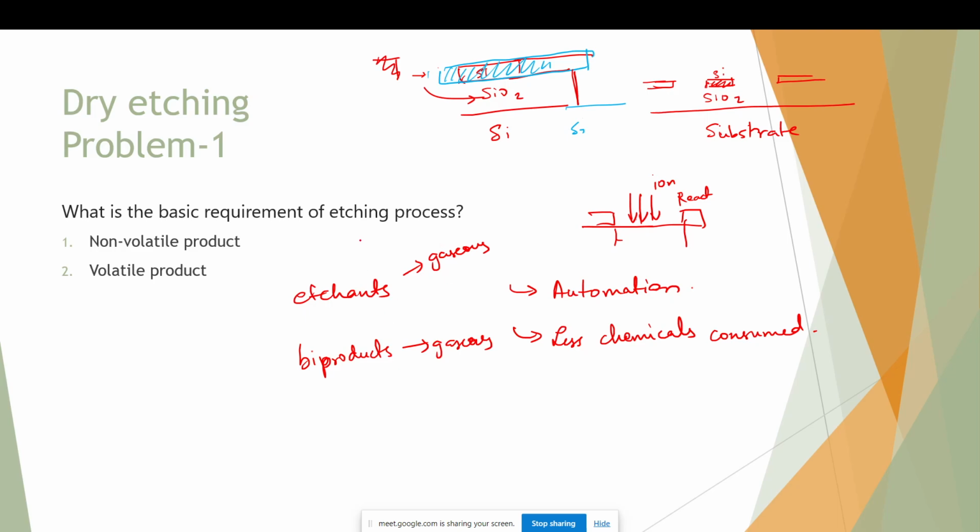That's why it is dry, right? Because we don't want anything in the liquid state. The etchants will attack the surface, and some reaction will go on, and the byproducts of the reaction are some gases that will carry the material. So basically both etchants and byproducts are in the gaseous state, so this is volatile.